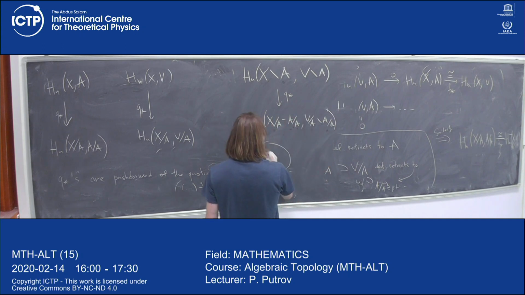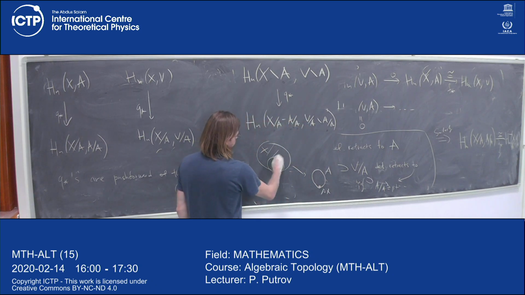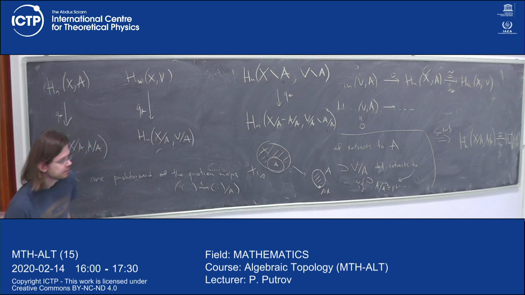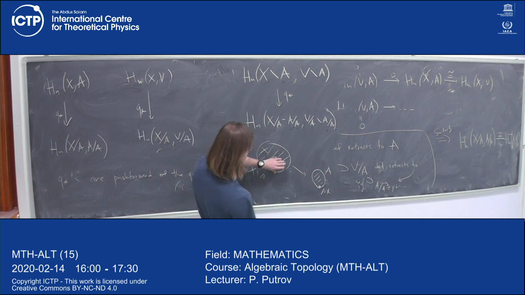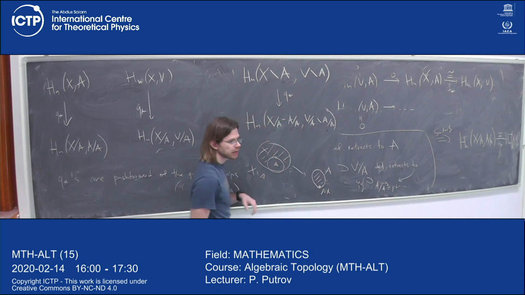So essentially, you can say, for example, X over A. So the quotient collapses all of A to a point, right? And the complement here is X minus A, and here is the complement of this point. But of course, if I remove A here, and I remove the point here, this map is actually just a homeomorphism.